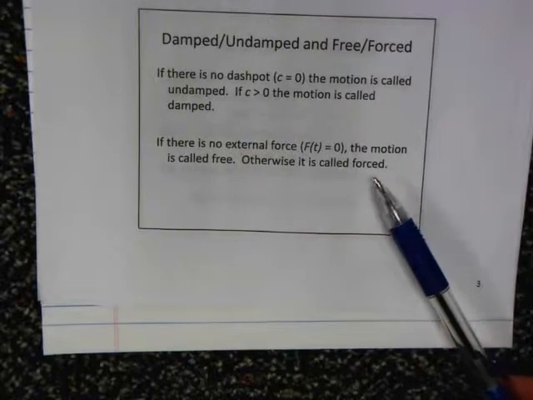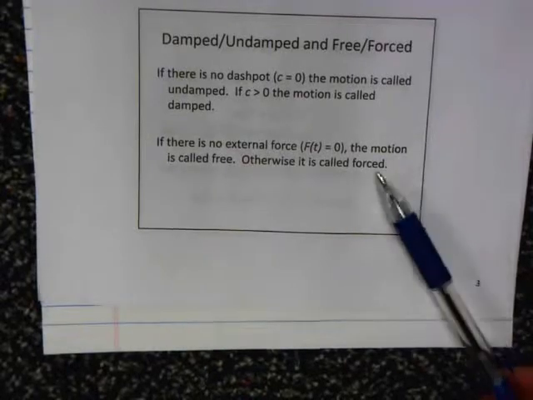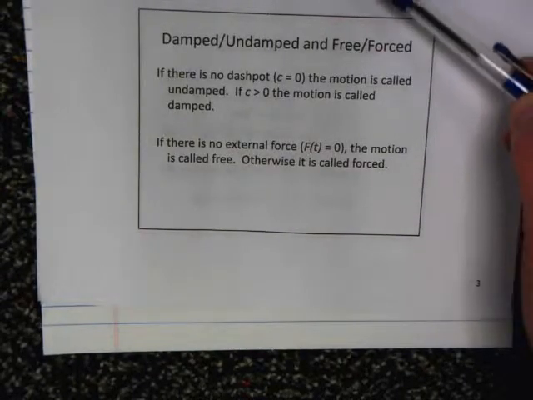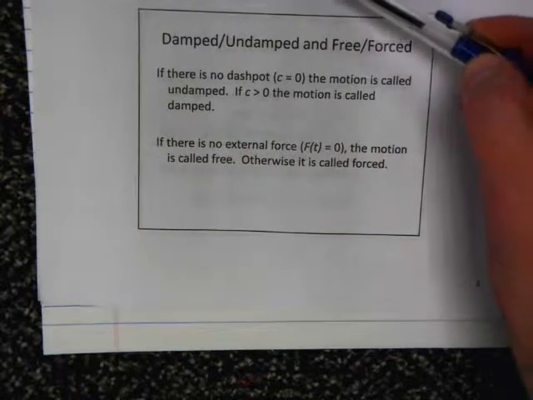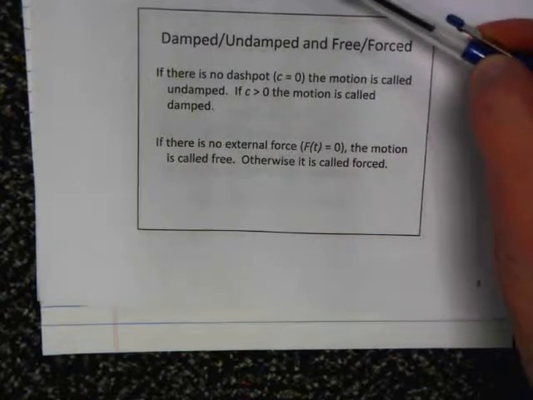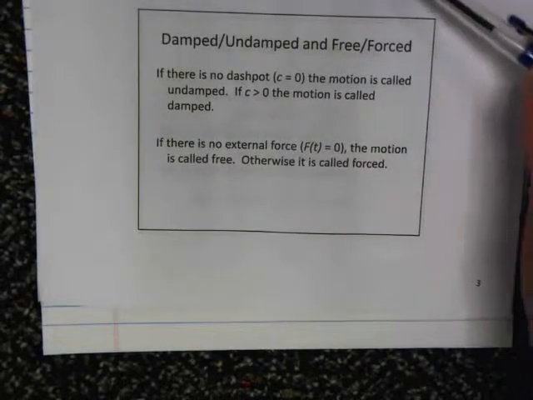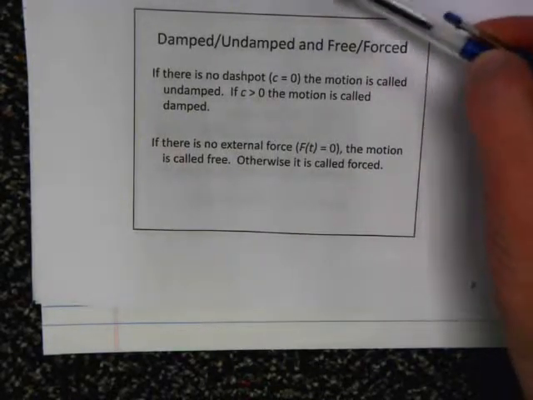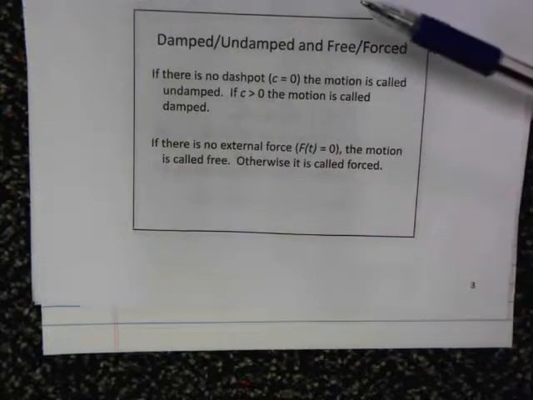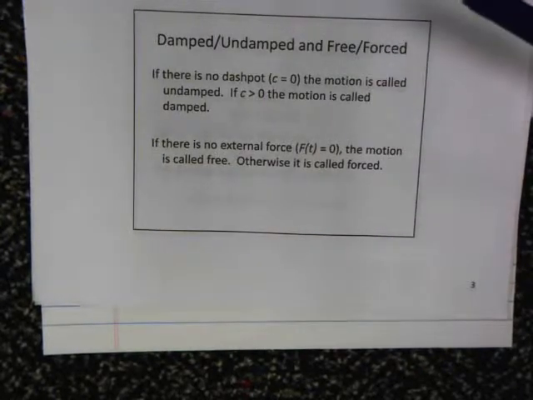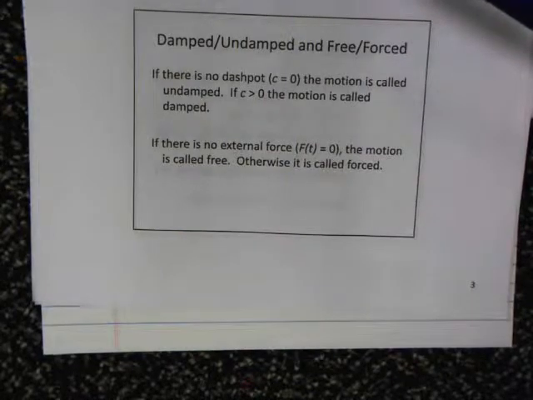Now, of course, we could also consider the situation where we do have an external force, but it's exactly enough to balance off the dashpot. What would happen in the case where we had an external force that was exactly enough to balance off the dashpot?